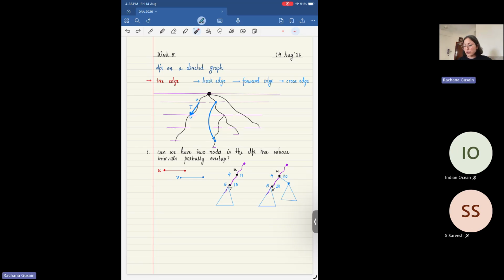So there are only two possibilities. Either one interval contains the other interval, which is true in case of a tree edge, a back edge, and a forward edge, or the two intervals do not overlap at all. They are completely disjoint, which is the case of a cross edge.